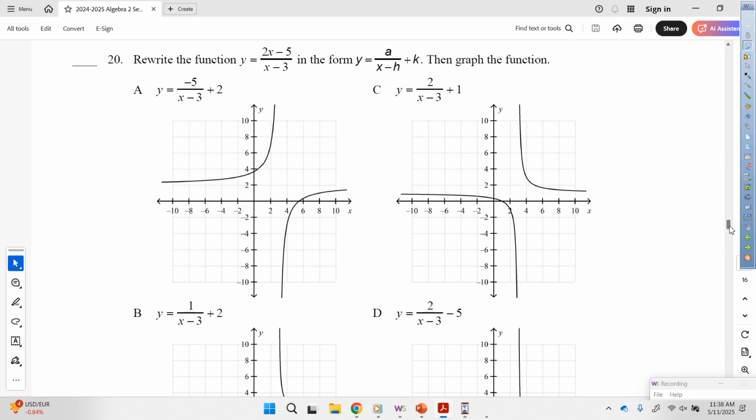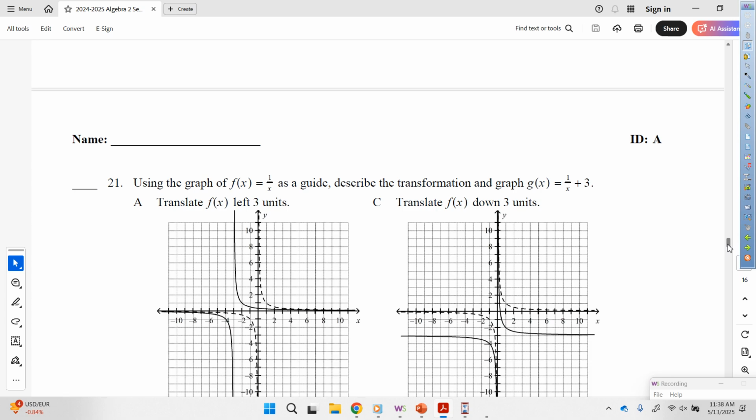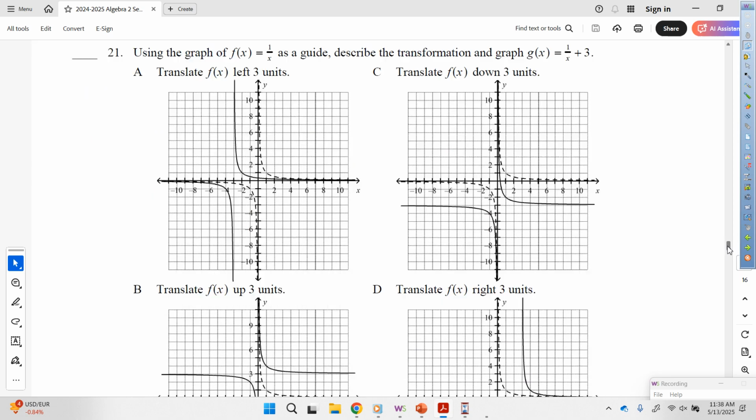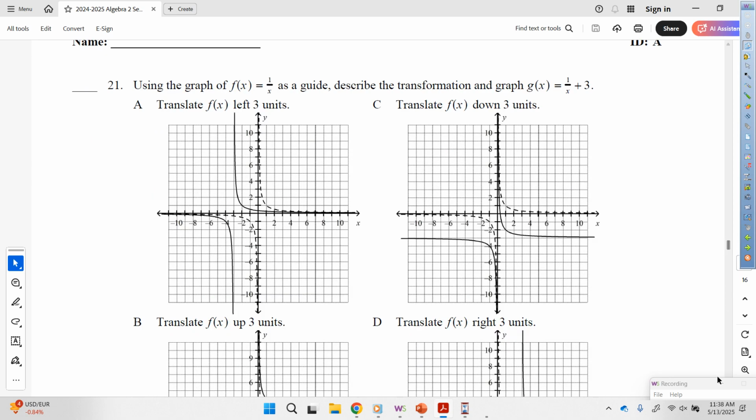All right, go to number 21. Let me zoom out.